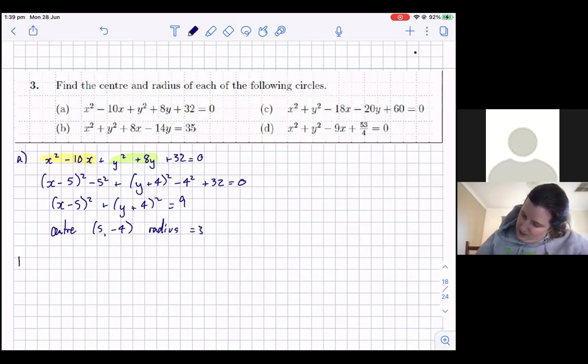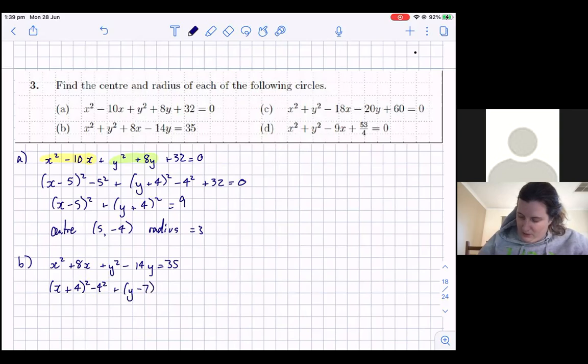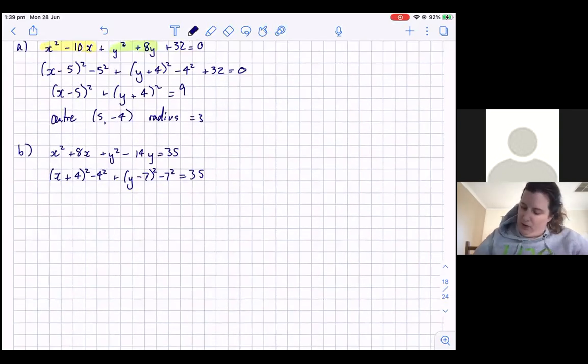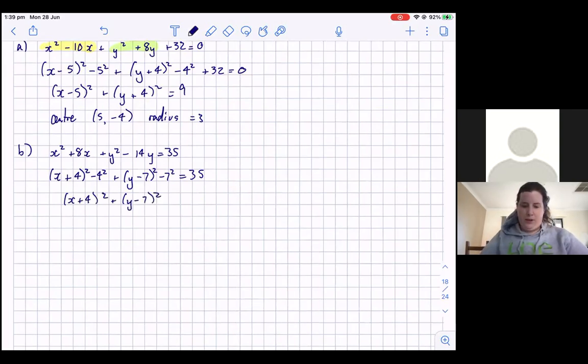For question B, we've got, I'm going to rearrange it, x squared plus 8x plus y squared take 14y equals 35. So we've got x plus 4 squared take 4 squared plus y take 7 squared take 7 squared equals 35. The 4 squared and 7 squared, we've got 16 and 49.